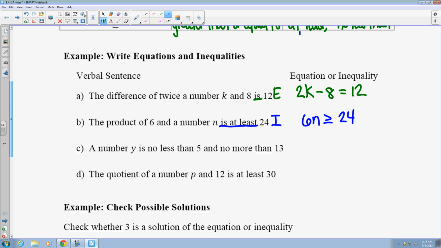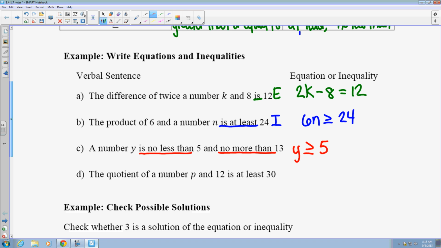Okay, part C is a little tricky. The number y is no less than 5 and no more than 13. So I see two different things here that we're going to have to look at. No less than and no more than. So there's a couple different ways that we can write this. Number y is no less than 5. So no less than I found under is greater than or equal to. So we know that.